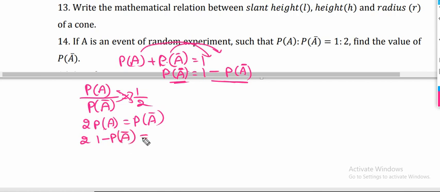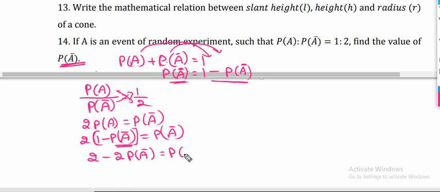Because we have to retain this one, we have to find the value of P of A naught, not P of A. So by multiplying 2 into 1, that is 2, minus 2 into P of A naught, 2 P of A naught is equal to P of A naught.